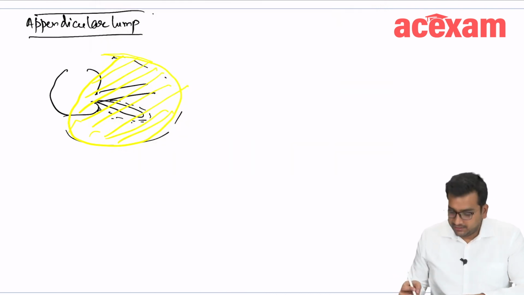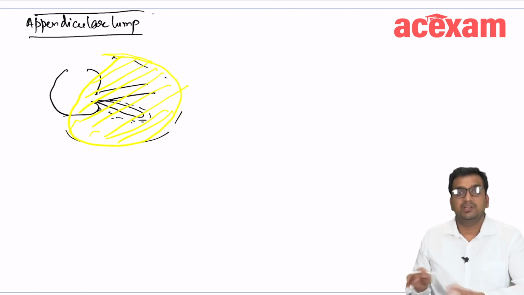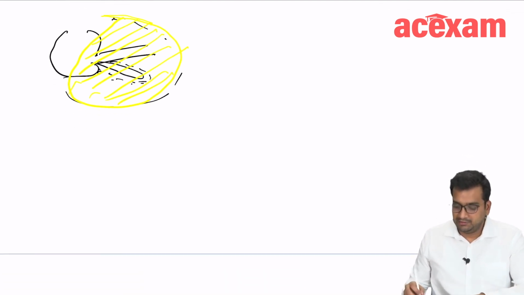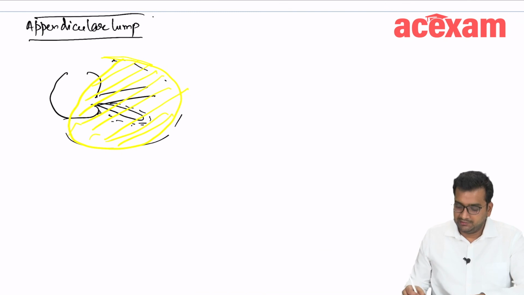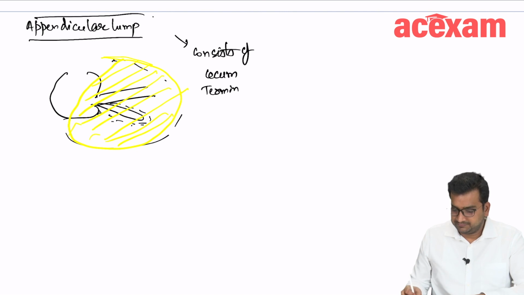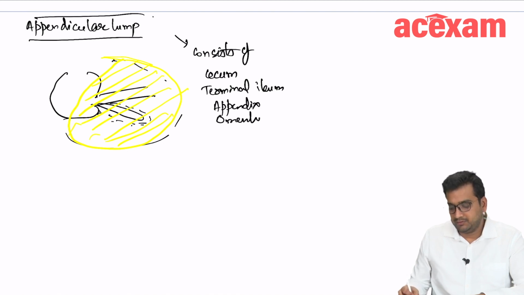Okay, and this forms a lump which we are able to feel on clinical examination. And this appendicular lump consists of part of cecum, terminal ileum, appendix, obviously, and omentum.